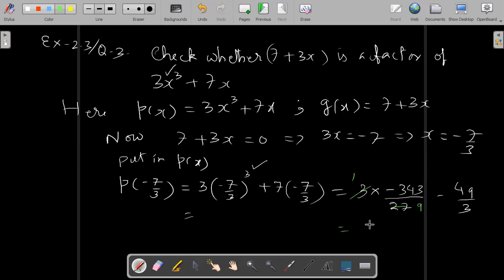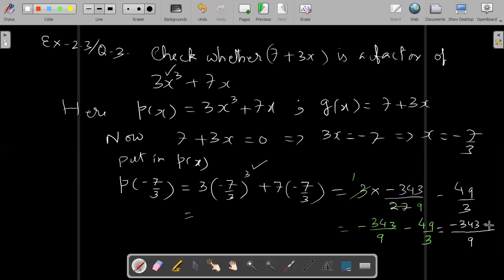Okay, so minus 343 by 9 minus 49 by 3. So the LCM will be 9. So minus 343 minus 49 will multiply with 3.